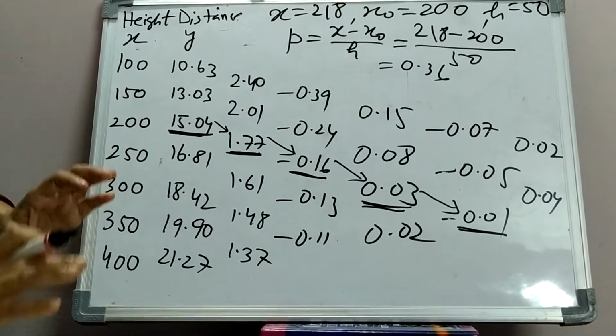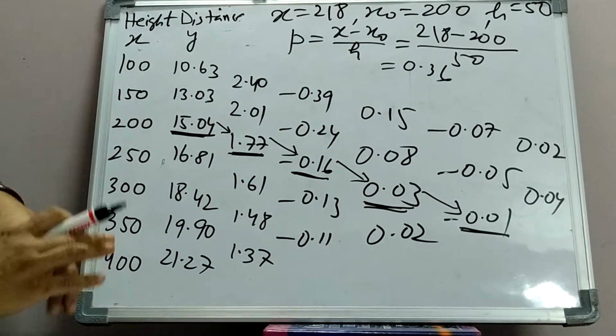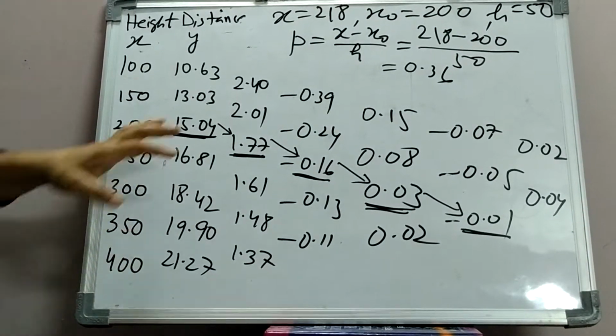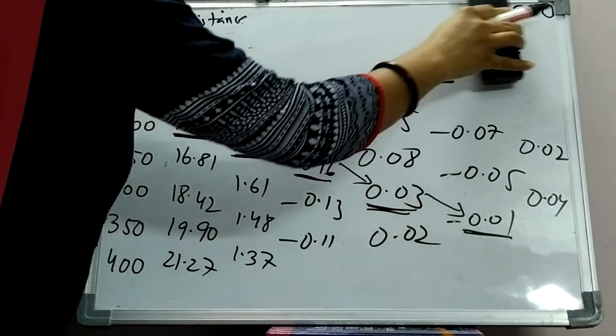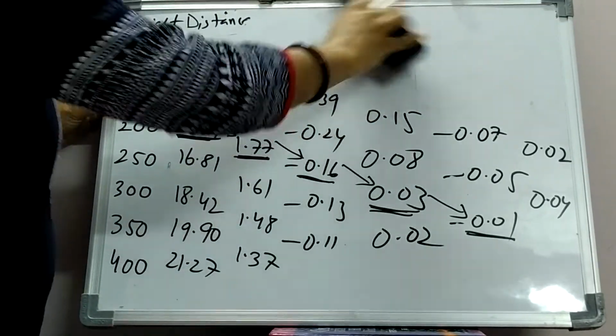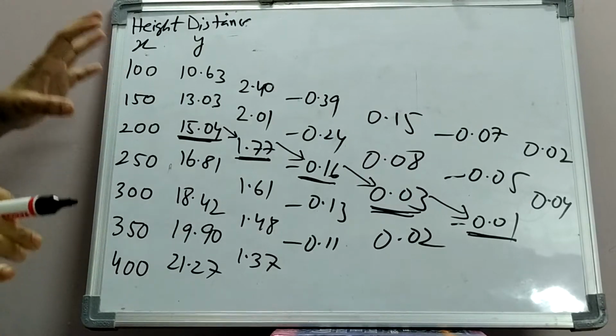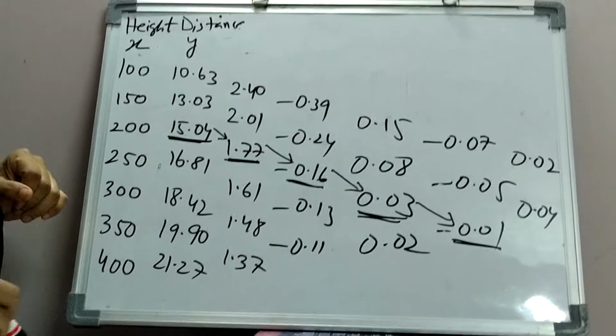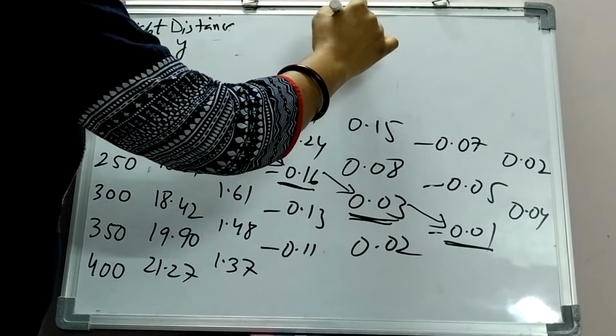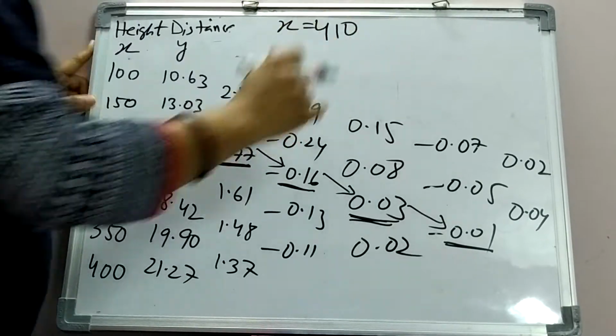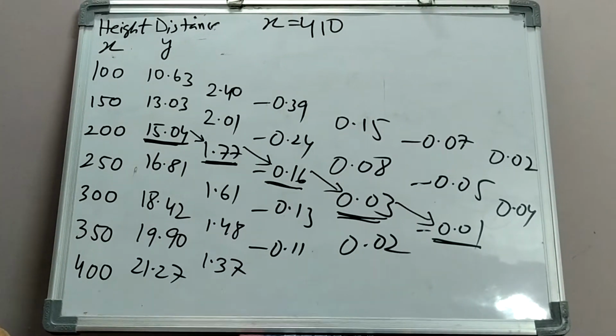After that we have to apply the formula, which I will do after some time. But before that, since I need the table, I will discuss the procedure for the second value for which we have to find the function. The second value is 410. The value of x is given as 410 feet.